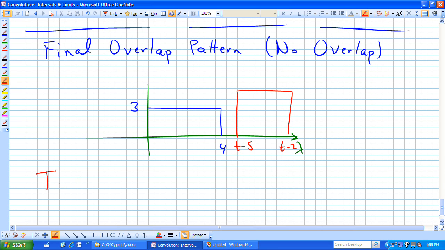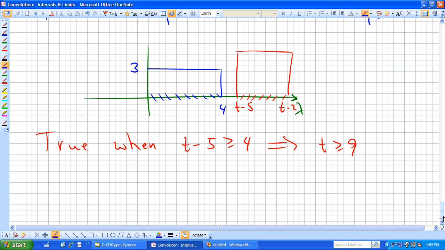And this pattern is true when t minus 5 is greater than or equal to 4, or when t exceeds 9. And when t exceeds 9, I hope it's clear that these intervals of support are no longer intersecting or overlapping, and we then consequently have y of t equal to 0 for t greater than or equal to 9.